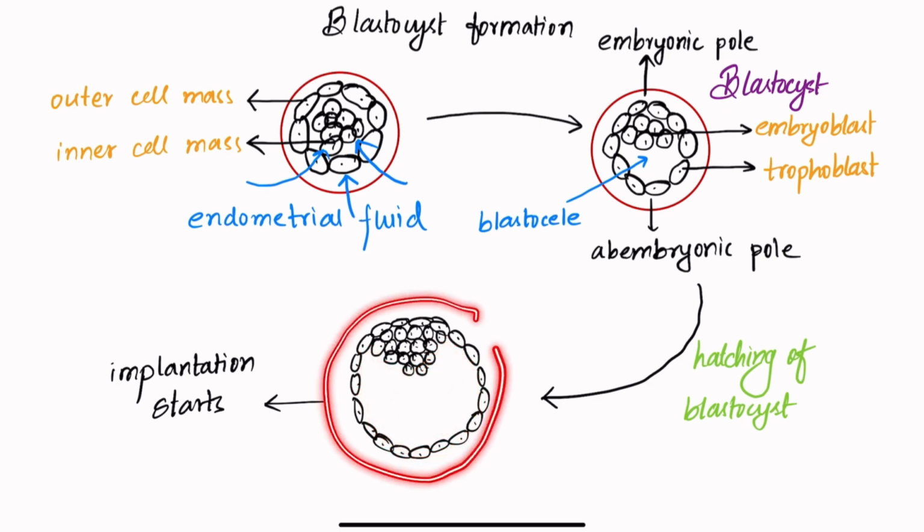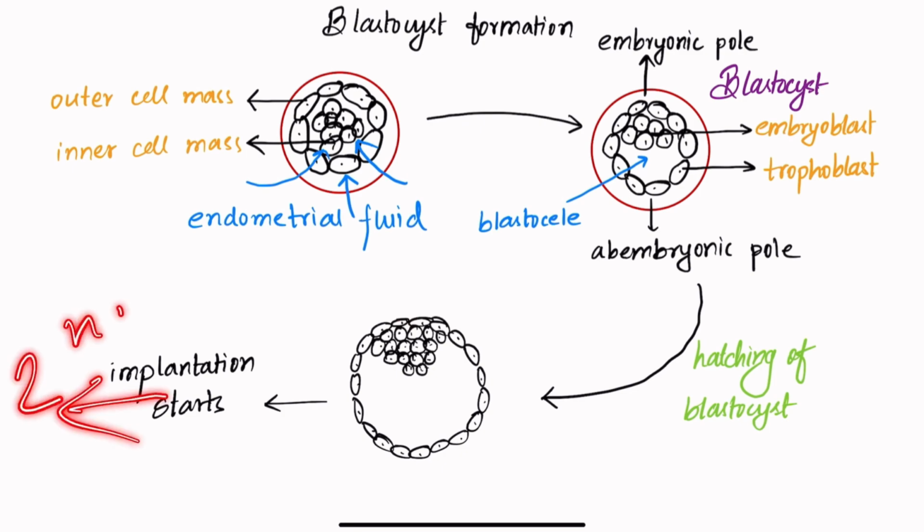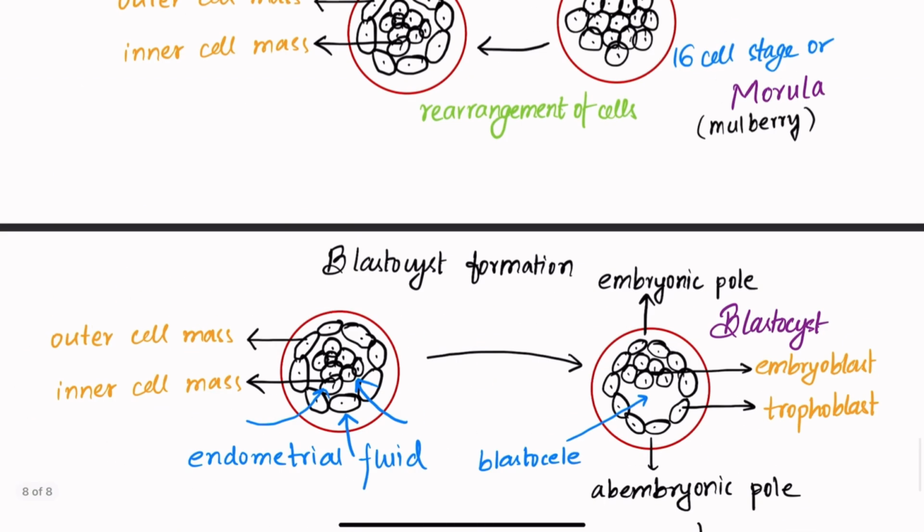The blastocyst then starts the process of implantation, where it gets implanted to the wall of the uterus, from the embryonic pole and not from the abembryonic pole, from the embryonic pole. The rest is the second week of development. So this is it for first week of development.